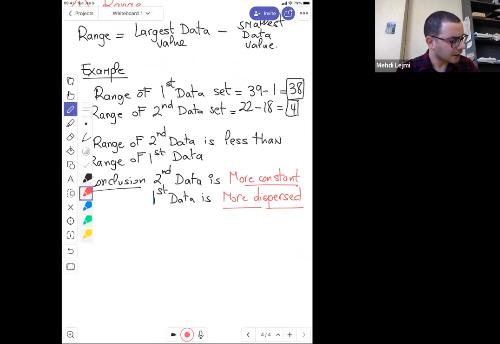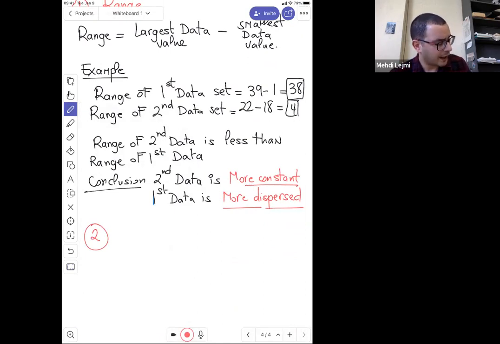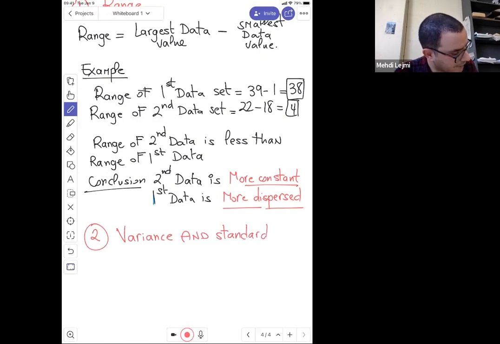All right, now, next, we can use, and this is one of the main tools we use to measure the spread of data, two, variance and standard deviation.